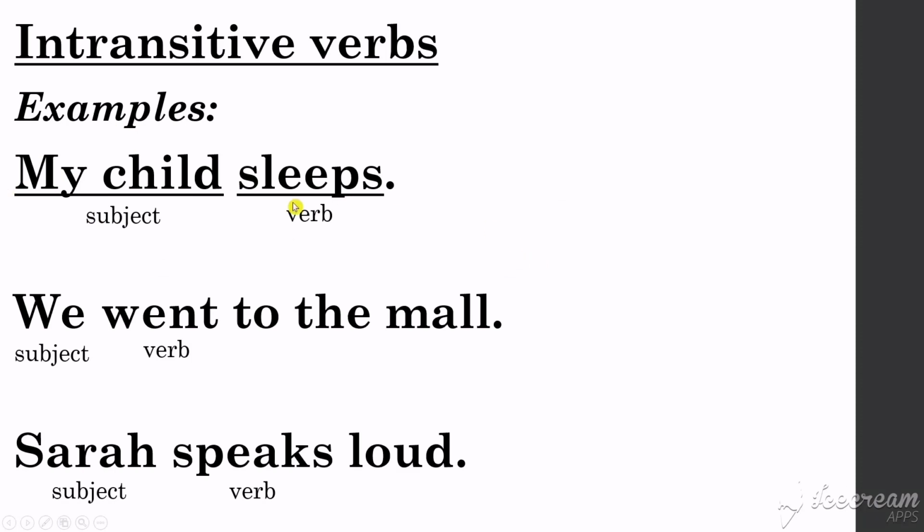Example number 2. We went to the mall. The subject here is we, and then the verb, went. Do we have any receiver here? None. Actually, we don't have any receiver here, because to the mall is not an object.